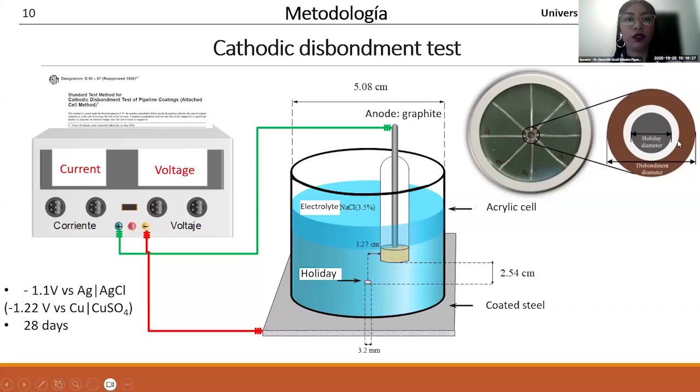So this is the configuration of the cathodic disbondment test, and it was conducted under minus 1.1 volts versus the silver chloride. These tests were made after 28 days, and after that we evaluated the disbonded area.